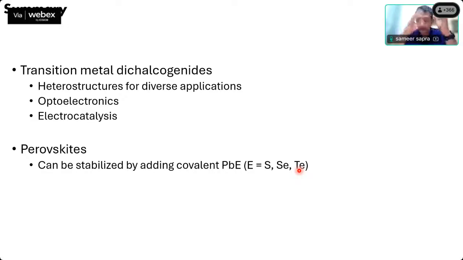And we can use them for diverse applications, as you've seen, for optoelectronics or electrocatalysis. Of course, molybdenum sulfide and all these materials have been known for ages as lubricating materials, the bulk materials. But now with the nanomaterials or the 2D materials, you can do a lot more applications as well.